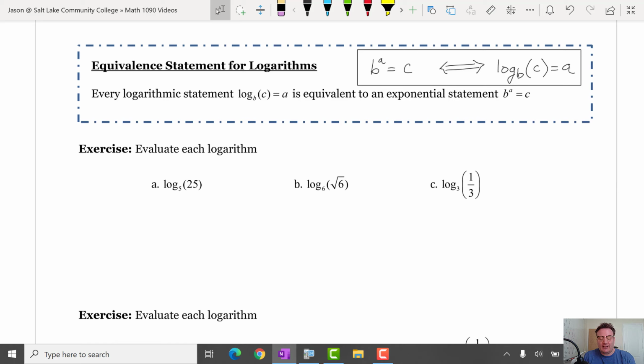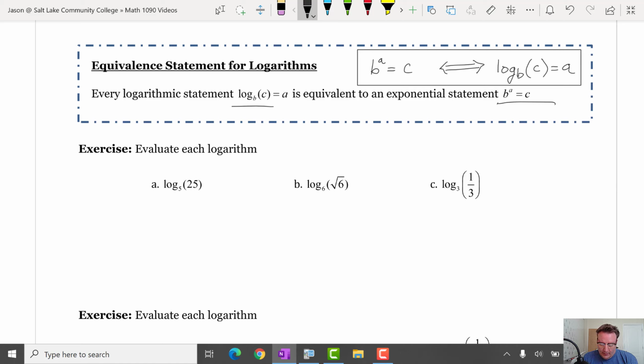This is exactly in agreement with what I was saying before. Whenever you encounter a logarithm expression, you should think, what power do I have to raise the base, in this case b, to, in order to get the value c? And that's exactly what you see over here, b to the a equals c.